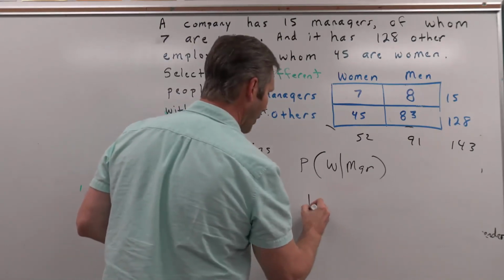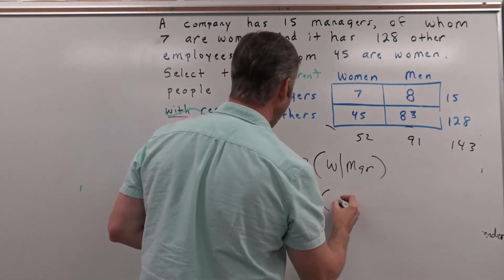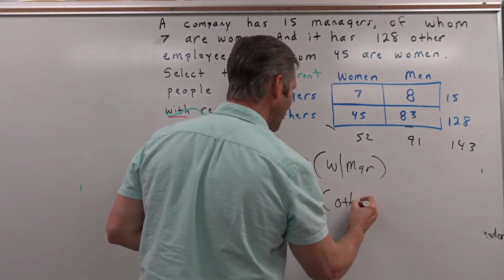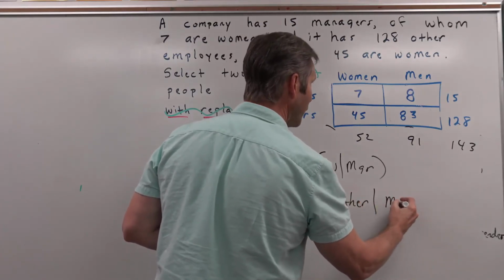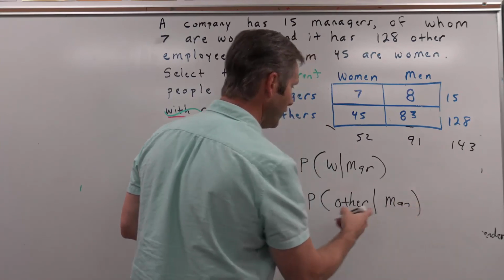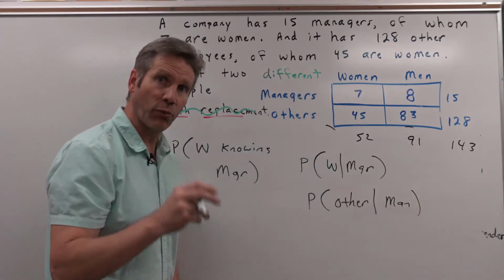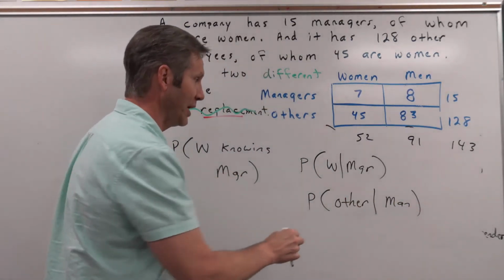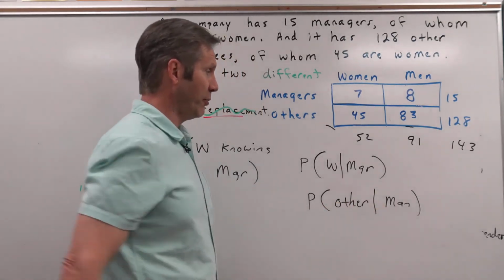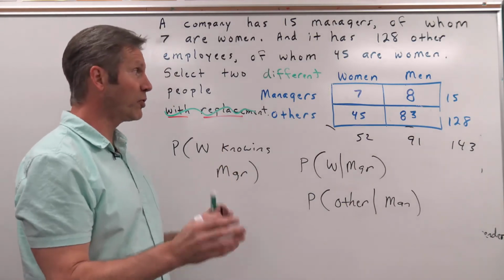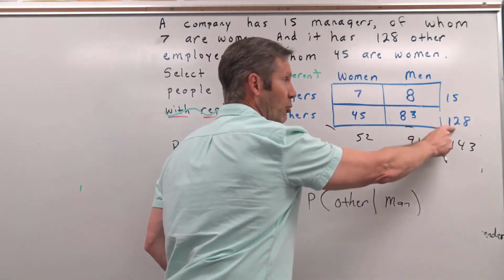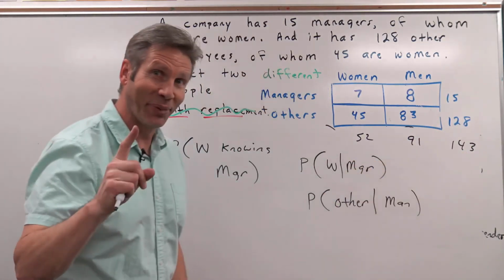Let's try one more. What's the probability that we get an other employee given that the person selected was a man? Now, in this situation, we're only dealing with n is 1. We're just selecting one person, and they must have both these characteristics. We want to find the probability we get an other employee. Well, if there was no other information given, that would be 128 out of 143, but it's not.